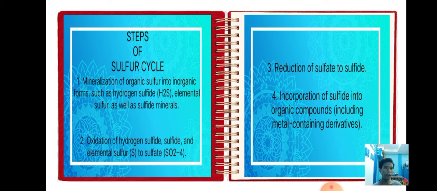The third one, reduction of sulfate to sulfide. And the fourth one, incorporation of sulfide into organic compounds, including metal-containing carotene. So those are the different steps related to the sulfur cycle.